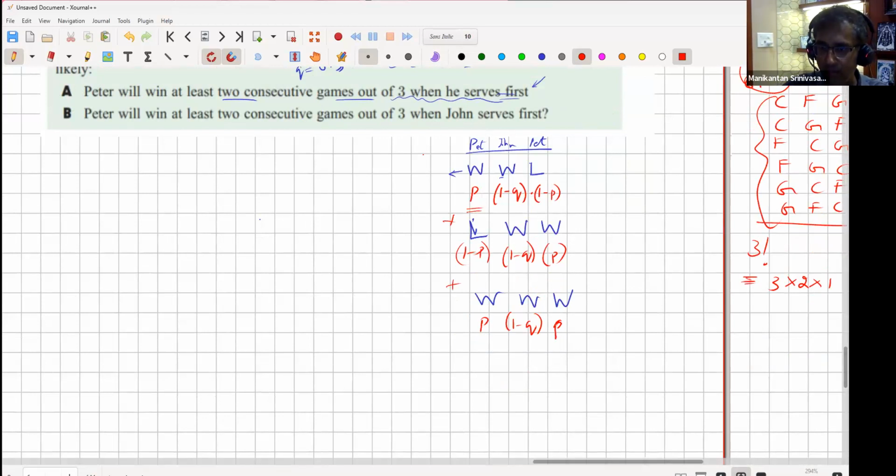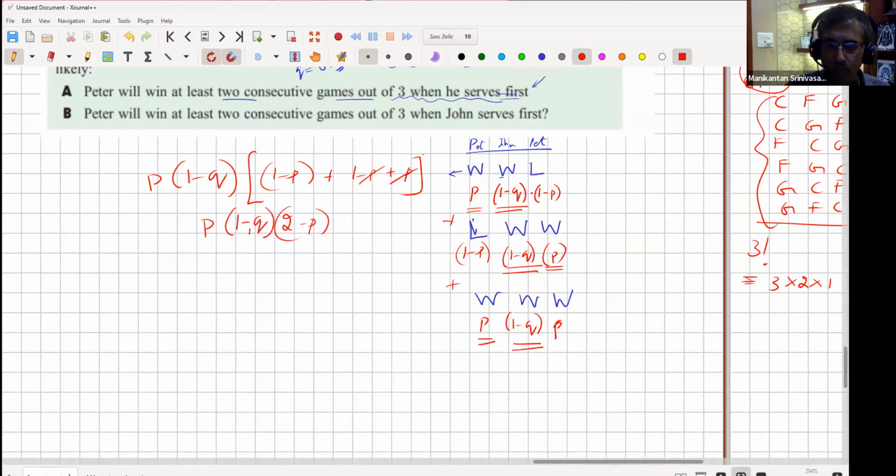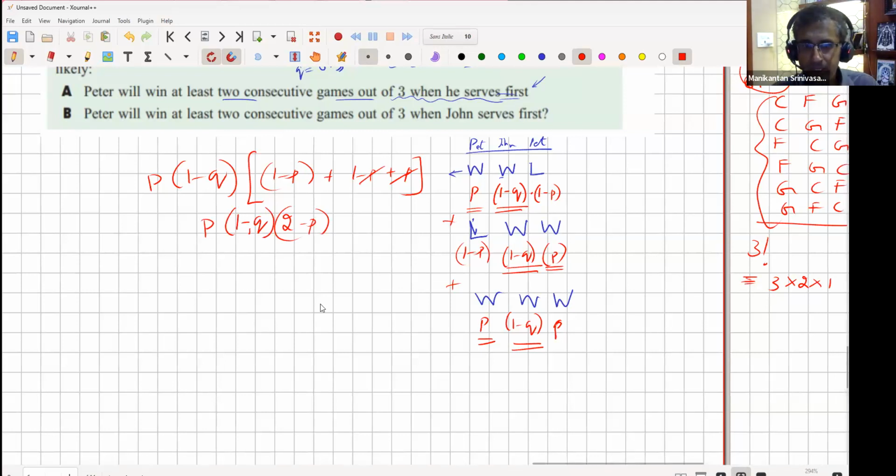P can come out of all of them, and 1 minus Q is also there in all of them. So look for simplifications, guys. The only missing term in the first case is 1 minus P, the second one is also 1 minus P, and in the third one it's just P. So when I add all of them, I get 2 minus P. So P times 1 minus Q times 2 minus P becomes the probability.